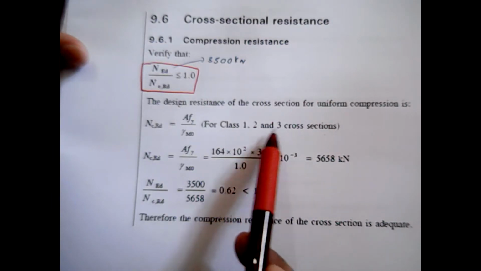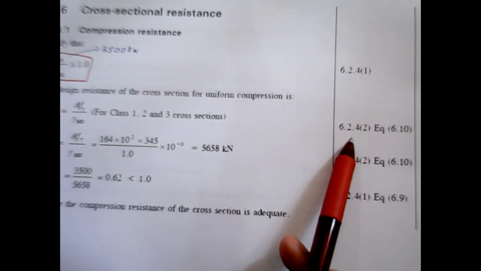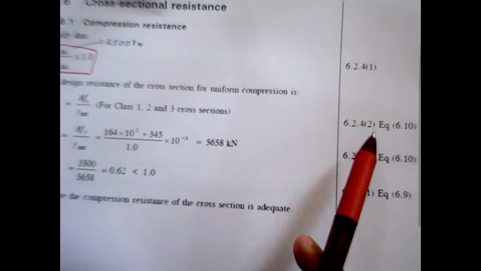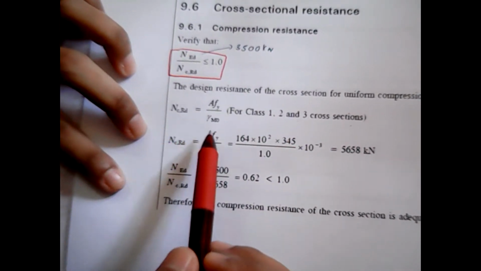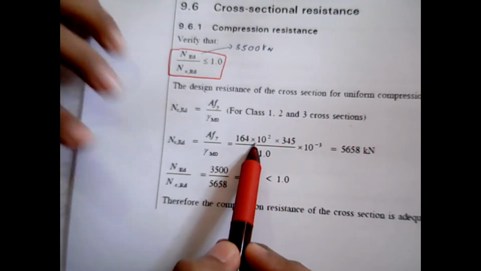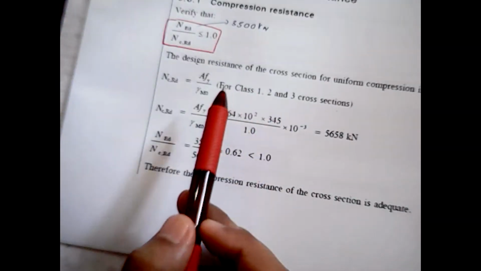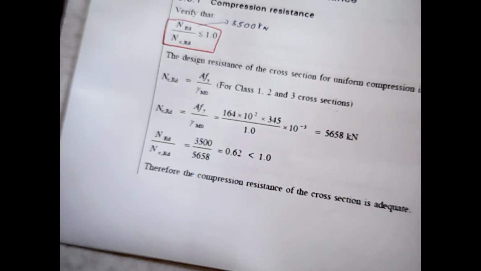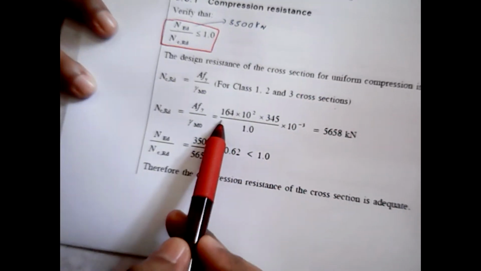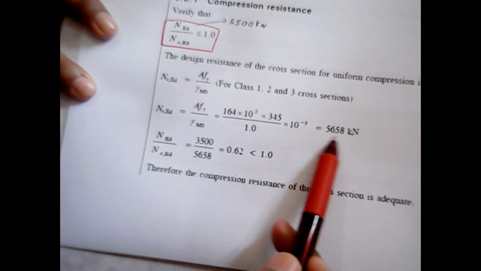In our case it is a class 3 cross section, so refer to equation 6.10 in BS EN 1993 Part 1-1. Substitute the value from the cross-sectional properties: 164 cm² times 345, your Fy value, over 1.0 for gamma M0, times 10 to the power of negative 3, gives 5658 kilonewton.